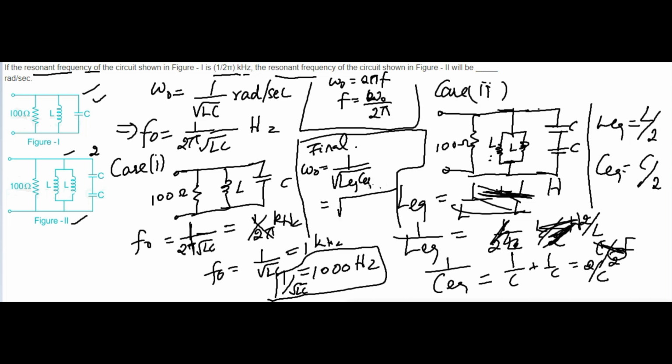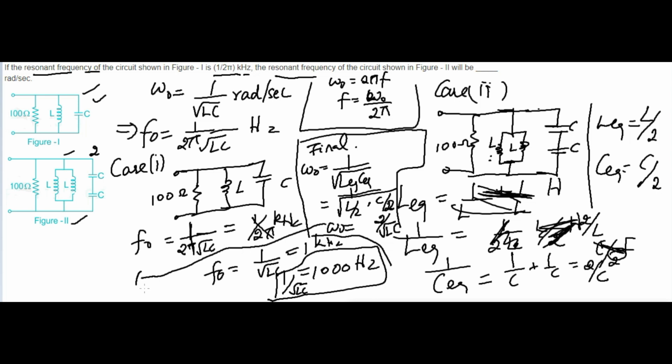L equivalent is L by 2 and C equivalent is C by 2, so we have 2 divided by root LC, because 2 into 2 is 4 and the root of 4 is 2, which comes over the top. Omega naught is equal to 2 divided by root LC.